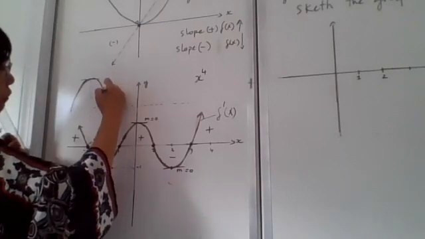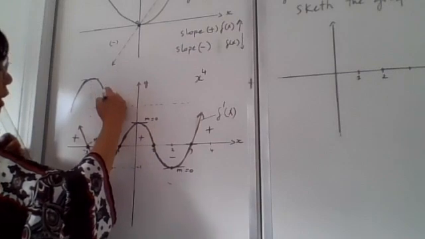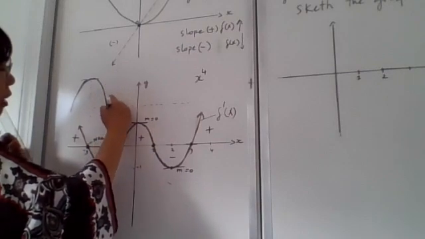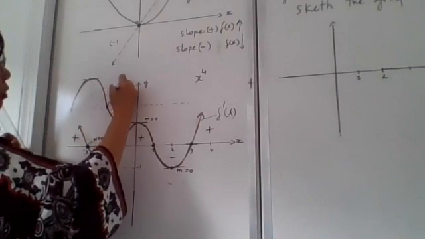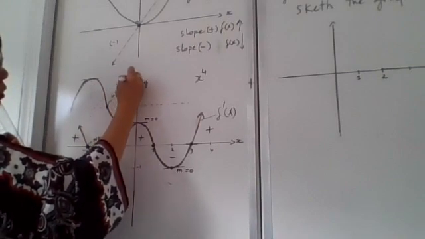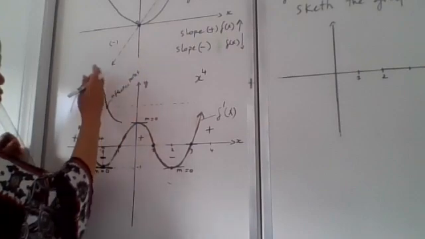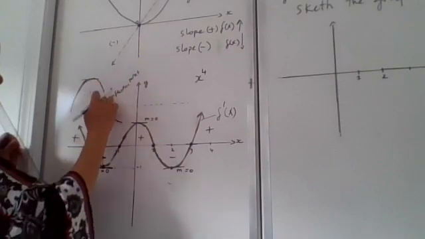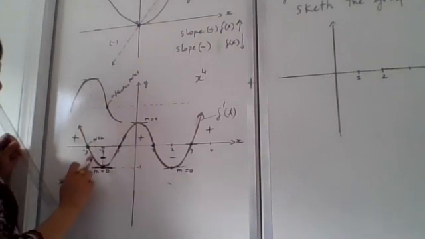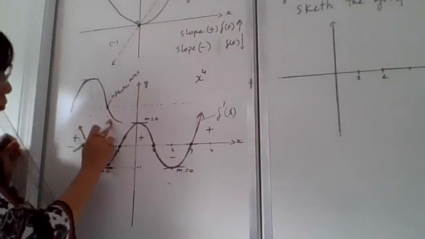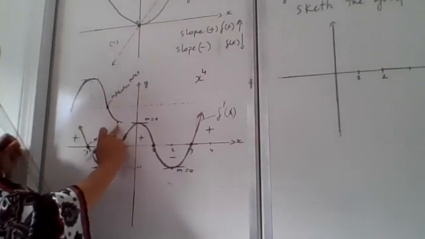So we transfer from concave down to concave up. So at this point, we have an inflection point, because of the transition from concave down to concave up, because we have a negative slope, right? So our function has to be decreasing.